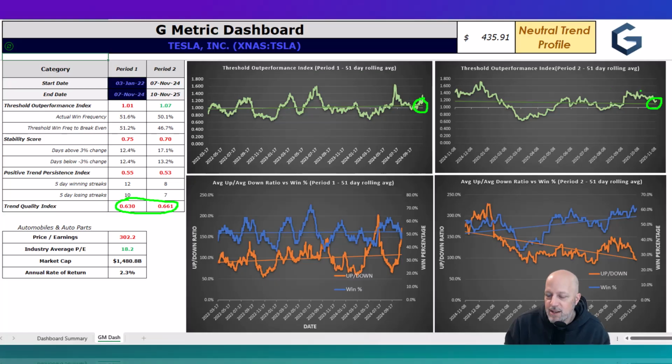Does it have a high quality trend or a strong profile in period 2, strong, weak, moderate, whatever it is, and how has it changed since period 1? So we see that both of these are neutral. It is improving slightly, but it's still in the neutral category, so that's why it gets the neutral trend profile rating. All right, so let's escape out of here.